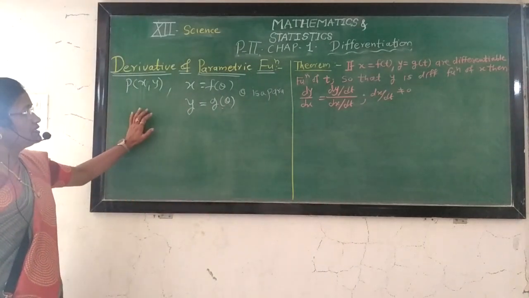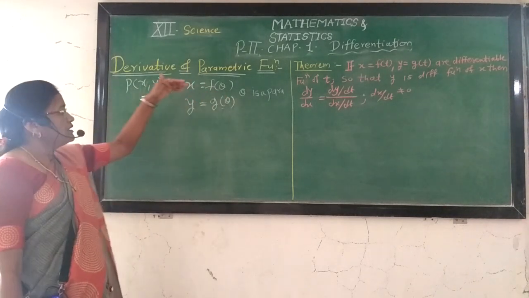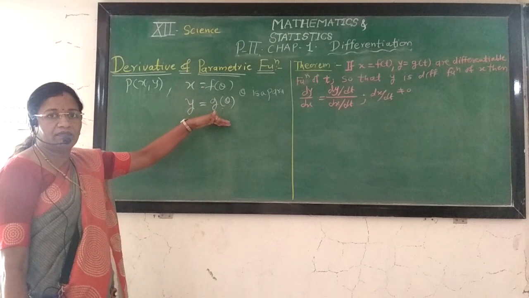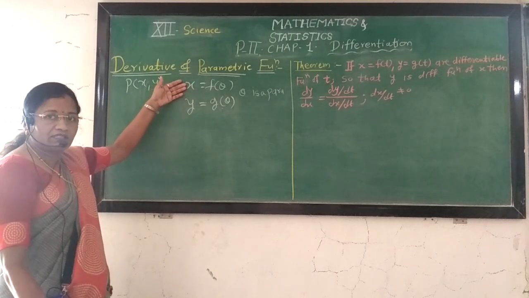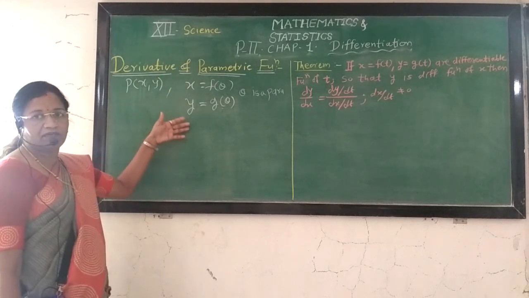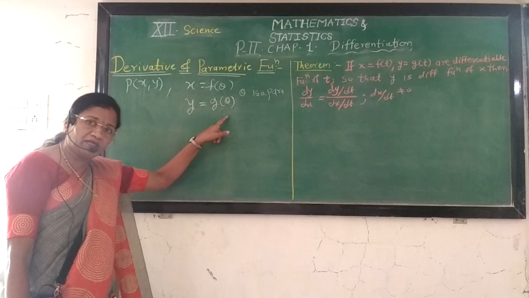For differentiation, as x is a function of the given parameter and y is a function of the given parameter, we take differentiation of y with respect to x, or sometimes differentiation of x with respect to y, by defining their differentiation with respect to their parameters.